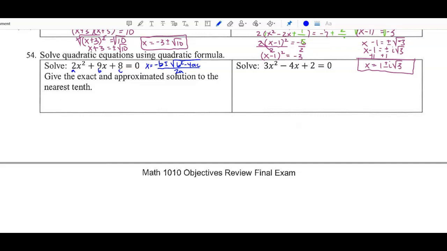So make sure everything's moved over to one side and in descending order. All right, and then on this one, a lot of it is just making sure, it's saying that we're going to give the exact answer, but then round our answer to the nearest tenth. So let's look at this.